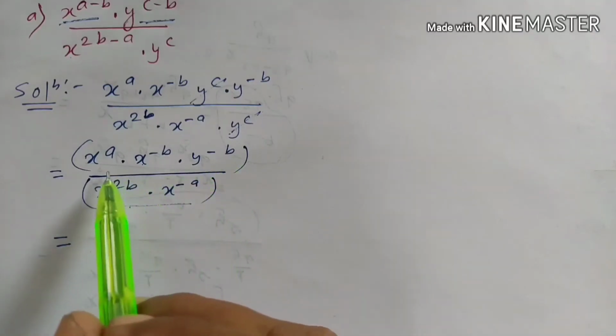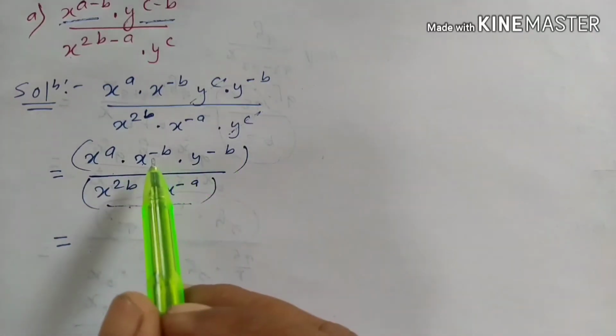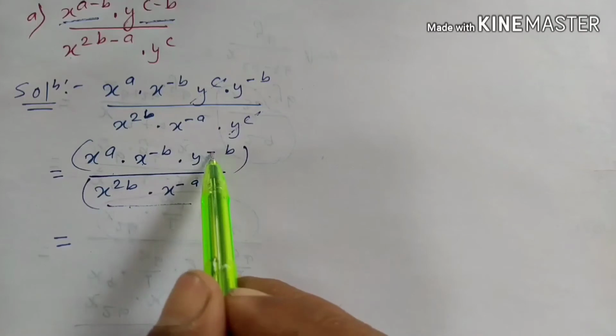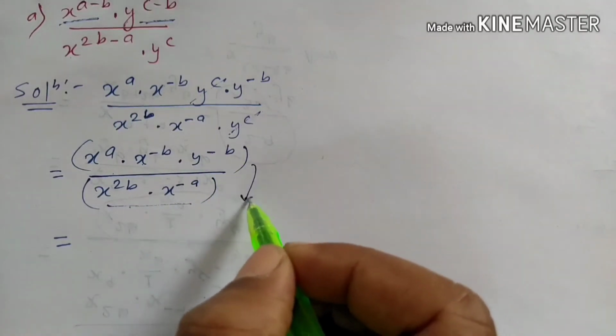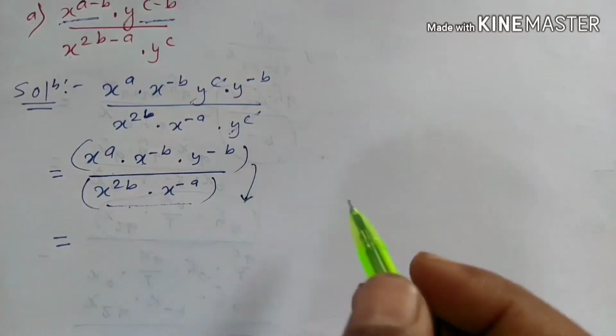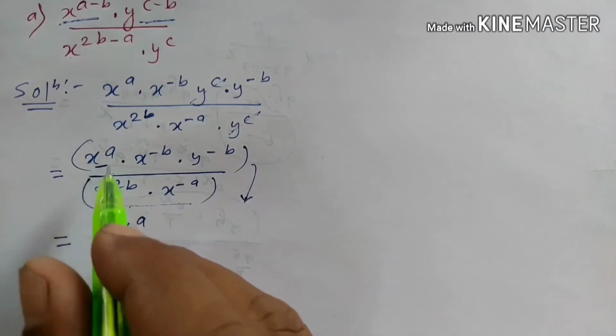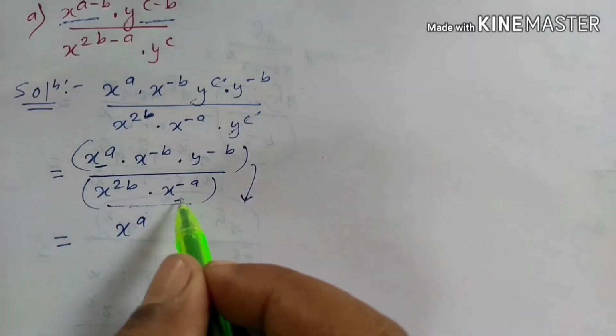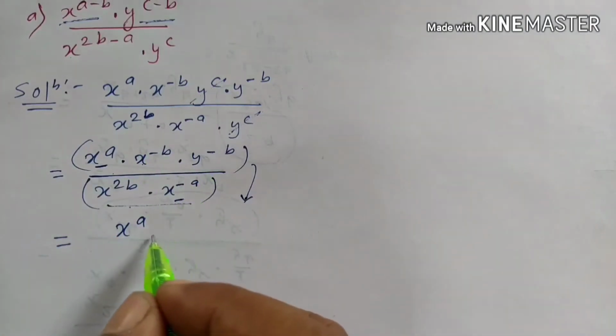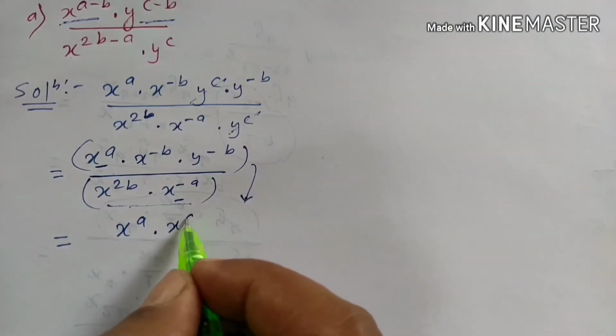A term with a minus power will move to the other side. So we write x power a here, and this x power minus a will move upside, so it can be written as x power a.